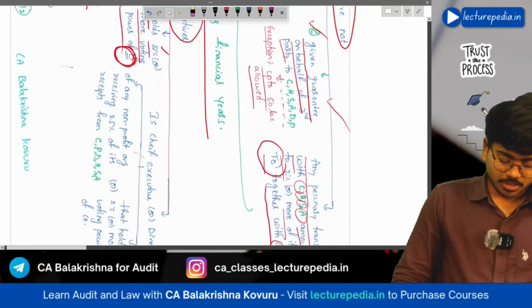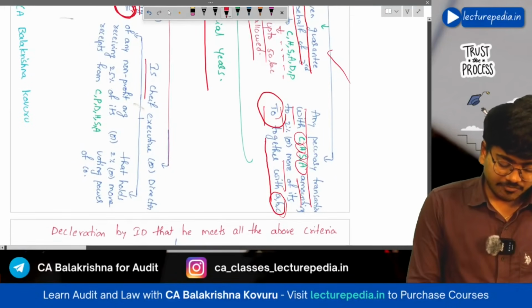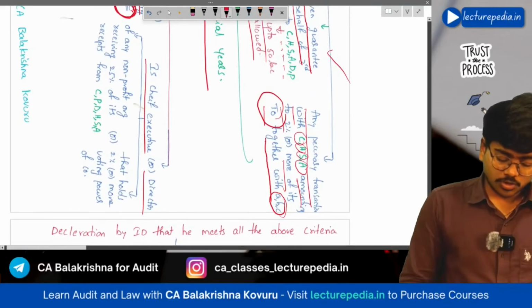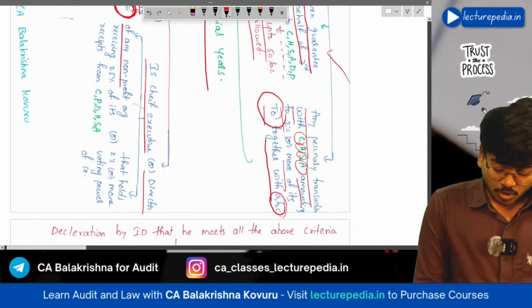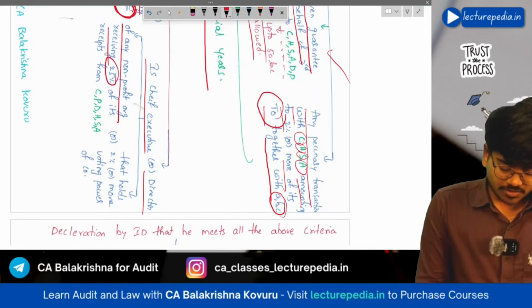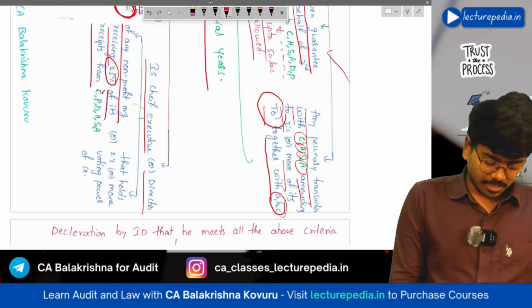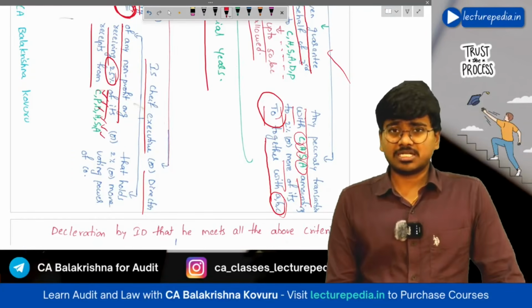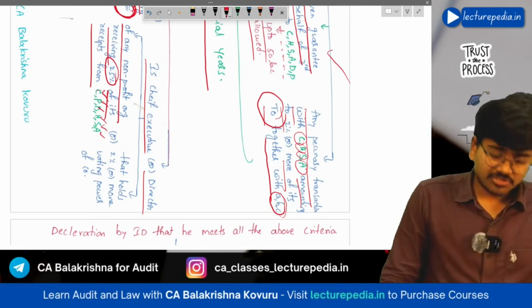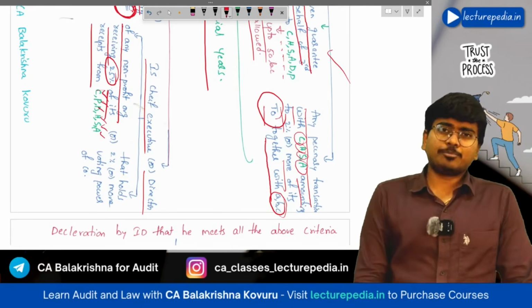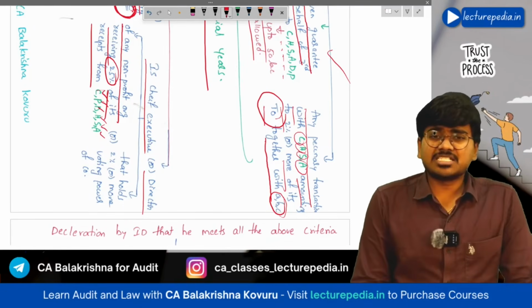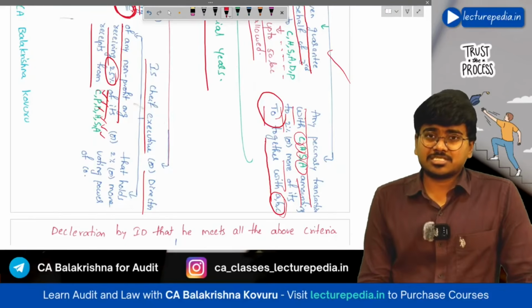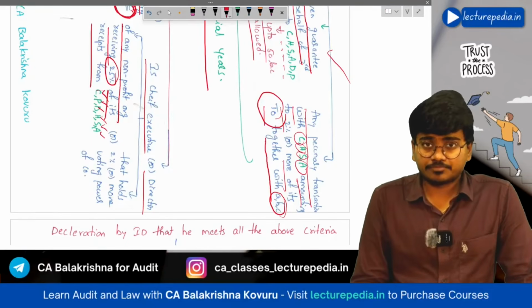Next, he should not be chief executive officer or director of any non-profit organization receiving 25% of its receipts from the company, promoter, director, holding company, subsidiary company, associate company. Basically, section 8 companies or non-profit organizations receive funds and donations from other companies.